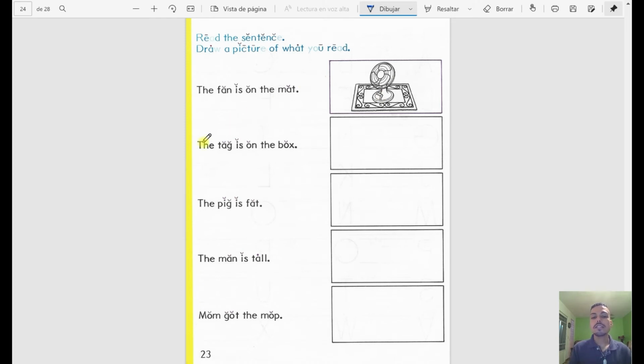Vamos a seguir con la próxima, dice, the tag is on the box. The tag is on the box. Aquí dice que la identificación está en la caja, la identificación está en la caja, ¿verdad? Así que ahí yo voy a dibujar una cajita, ¿verdad? Una cajita que tenga un sellito o algo, identificándola, ¿verdad?